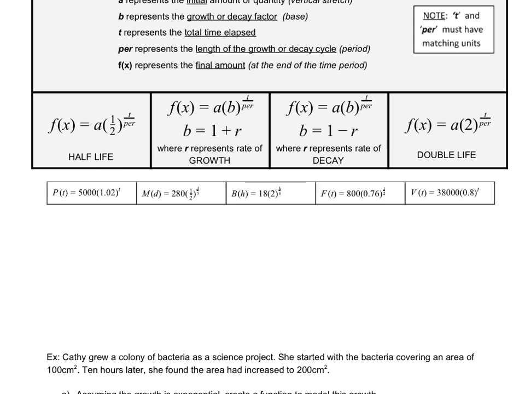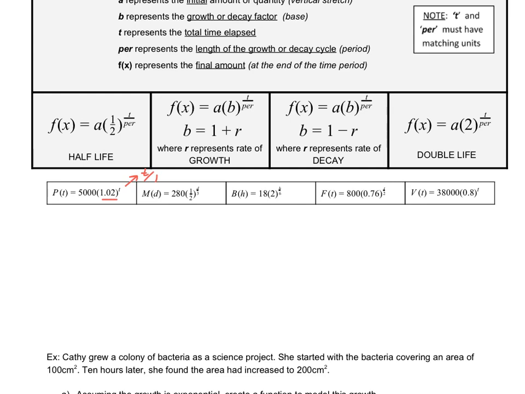So the initial population is going to be 5,000, and it is growing at 2% per year, let's say. Because I know it's growth because my base is greater than 1, and it looks like I'm adding 0.02, which means 2%. And because my fraction for my exponent is t over 1, that means that the growth happens every 1 something. And because I've chosen years, there we are.